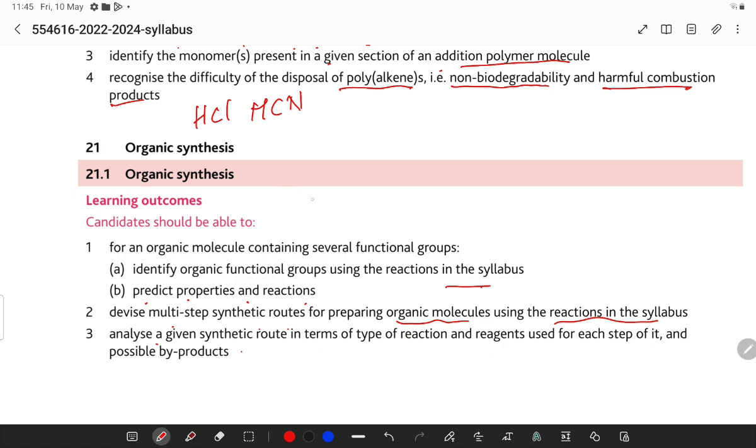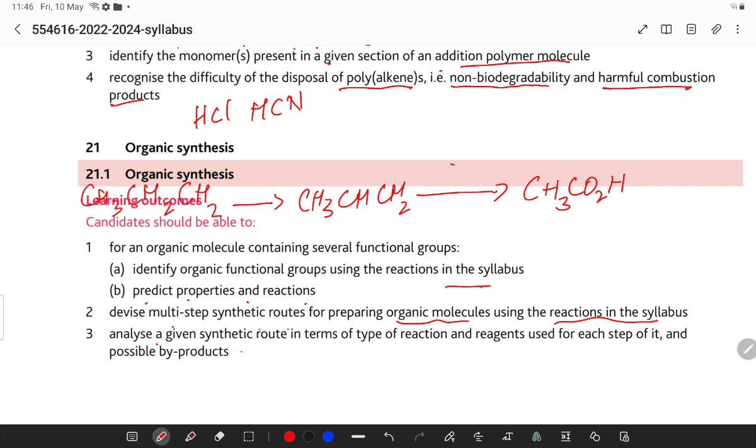For example, if there is an alkene, CH3CH2CH, and the final product given is a carboxylic acid, then you should know the route of forming carboxylic acid.